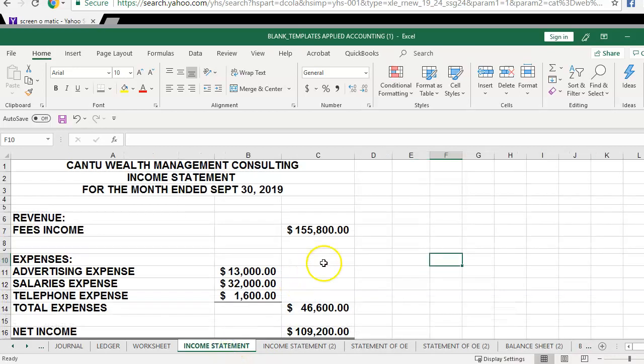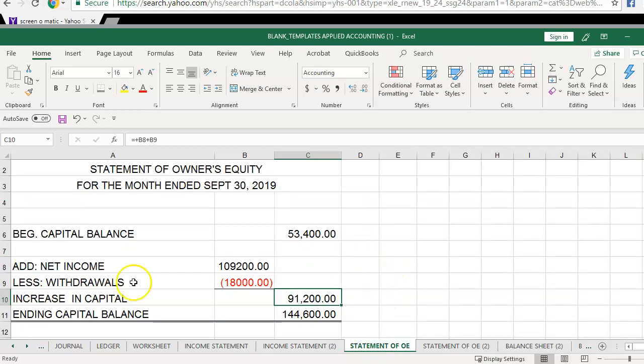Question is, once you prepare them, can you interpret the information? Let's do that. By looking at this income statement, we see that we earn a profit. We had a good month. We earn a profit of $109,200. The equity statement shows that our net worth or increase in capital was $91,200.